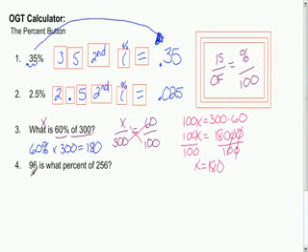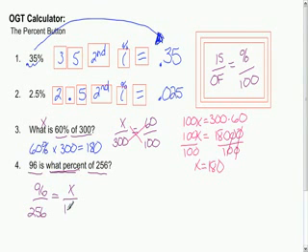Okay, so 96 is your is. What percent, that's what we don't know, of 256? So our is 96. Of is 256. Equals what percent? We don't know what percent. That's what we're looking for.